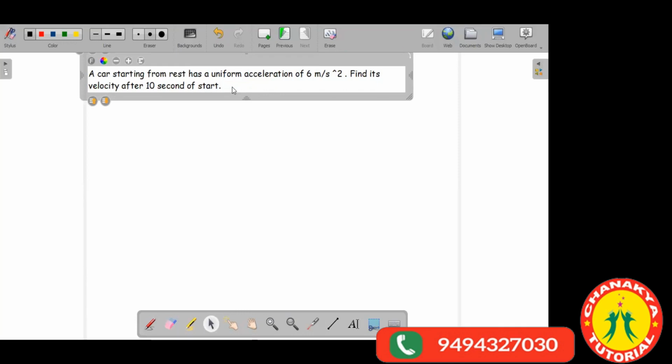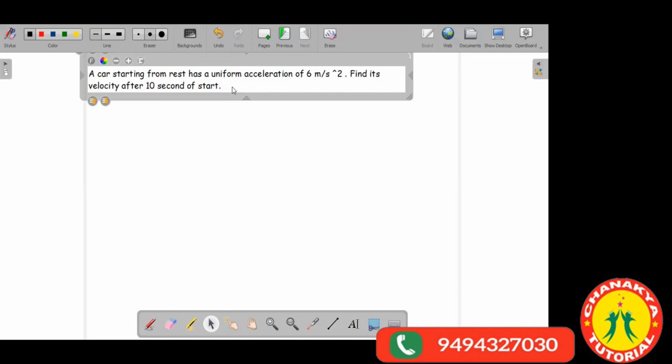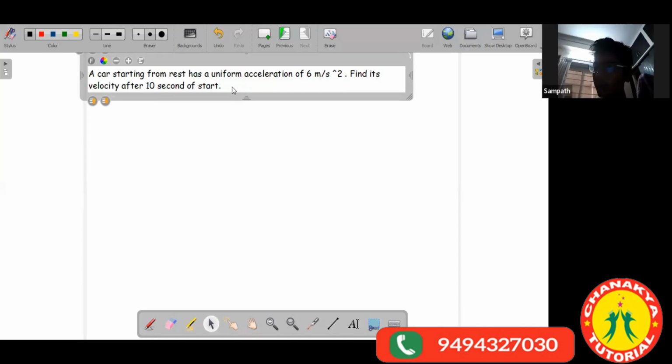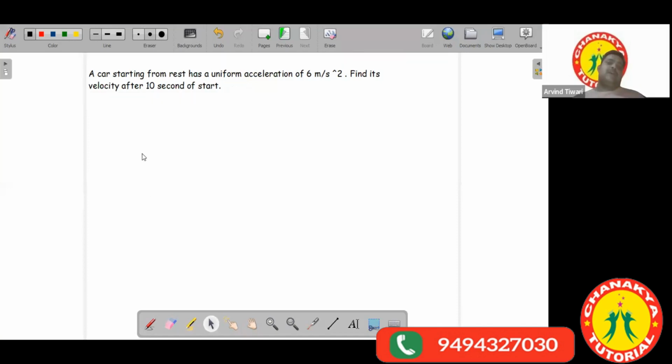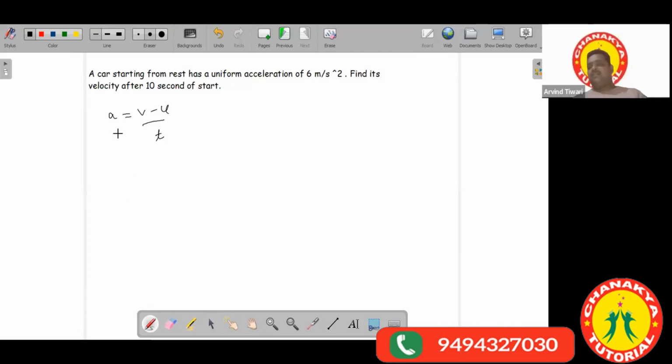Sir, is it 6 meter per second? How much? Isn't it 60 meter per second? Yes, sir, 60 meters per second. Use your formula. Your formula is acceleration equals v minus u by t. Yeah, the answer is 60 meter per second.